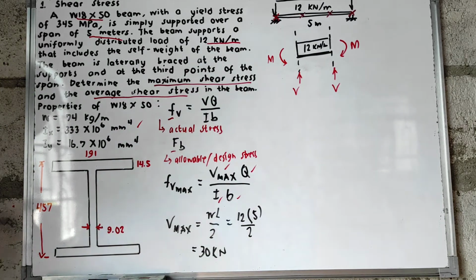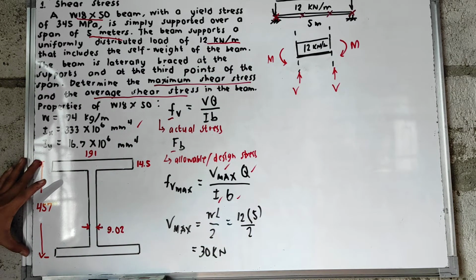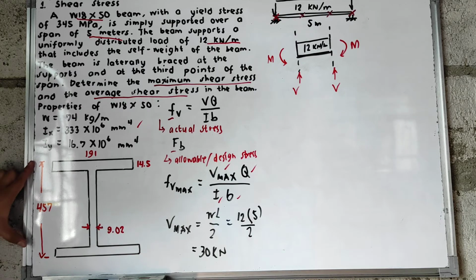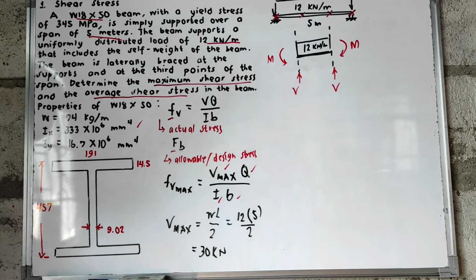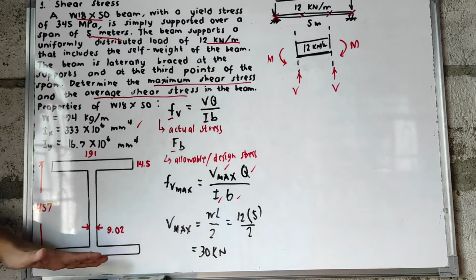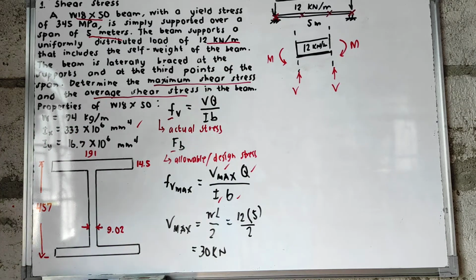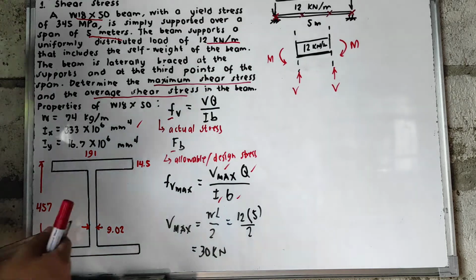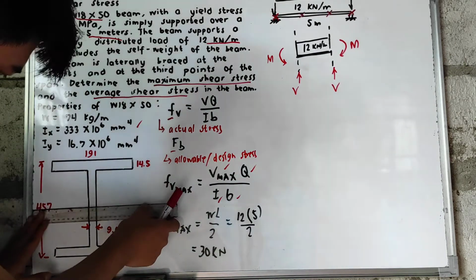Since we have a W section having a depth of 457, tapos symmetrical yung top flange natin, bottom flange natin. So meaning to say, nakapagitna lang yung neutral axis natin.